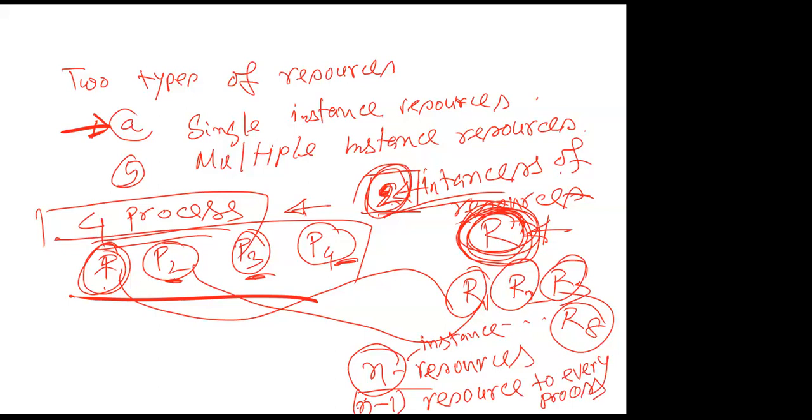Here 2 instances are required, so n-1 is nothing but 1. So you need to assign 1 resource to every process.